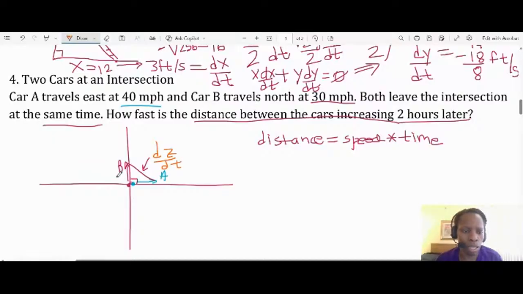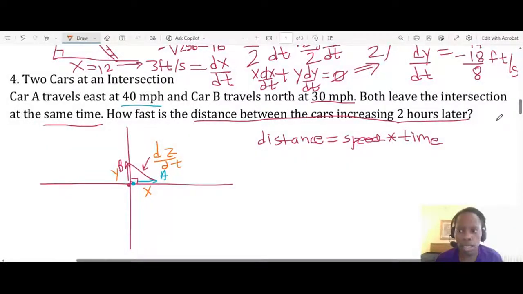We got a y, we got an x. We want to find out dZ/dt. X is changing, y is changing, z is changing.